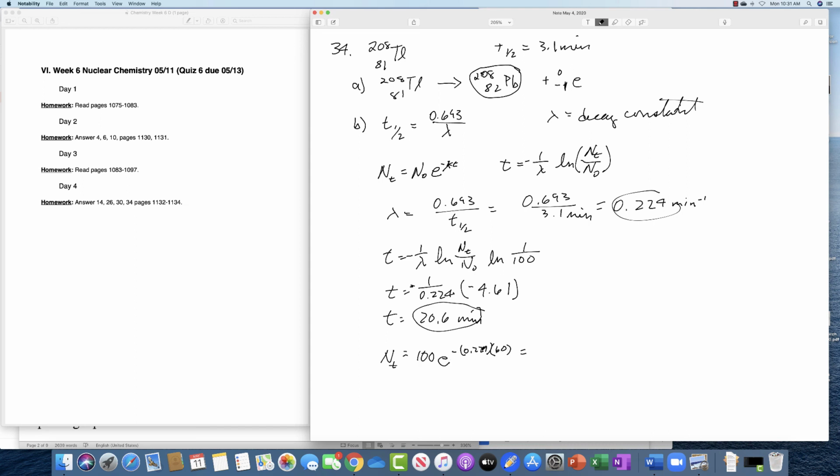If you raise e to that power, you get a very small number, and then multiply that by 100. You end up with 1.4 times 10 to the minus 4, and that would be percent, because you started out with 100%. So this is how much would be left after 1 hour.